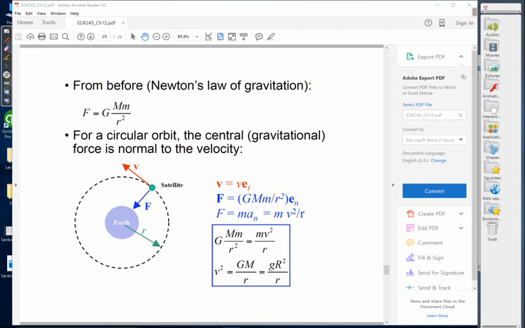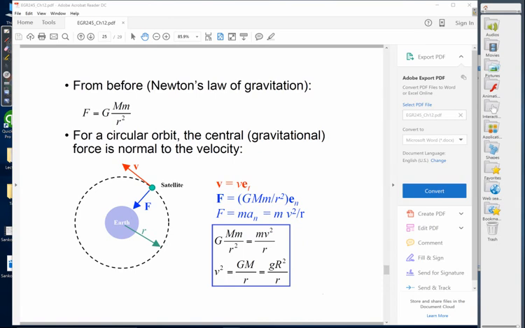Or it's equal to the acceleration due to gravity on the surface of the Earth times the radius of the Earth squared divided by that distance R. This is a very, very important result. This equation is all you need for a circular orbit.